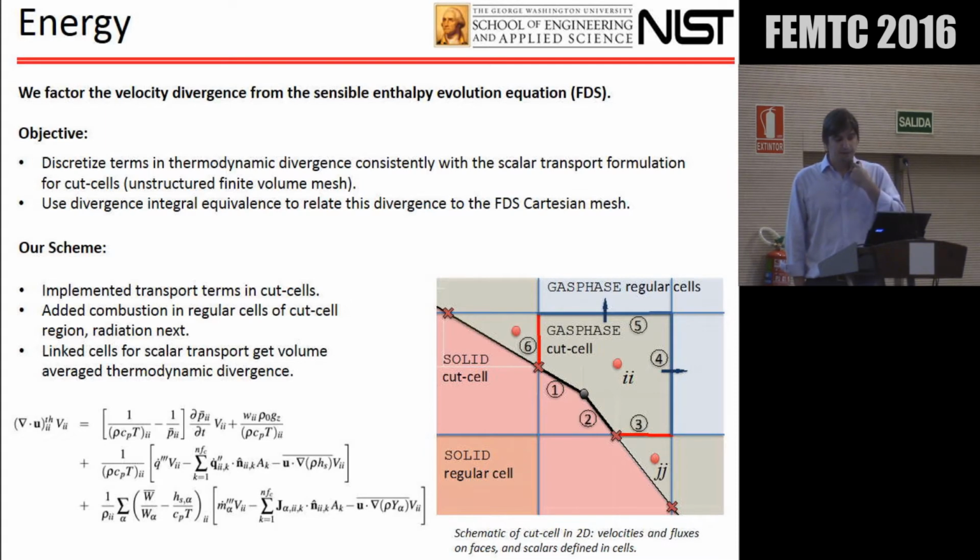The other very important part of the model is what do we do with the energy equation. The energy equation, in our case, is the sensible enthalpy evolution equation, is factored into a thermodynamic divergence, and this thermodynamic divergence will be the divergence of the flow due to heat that would produce our buoyancy, for example.